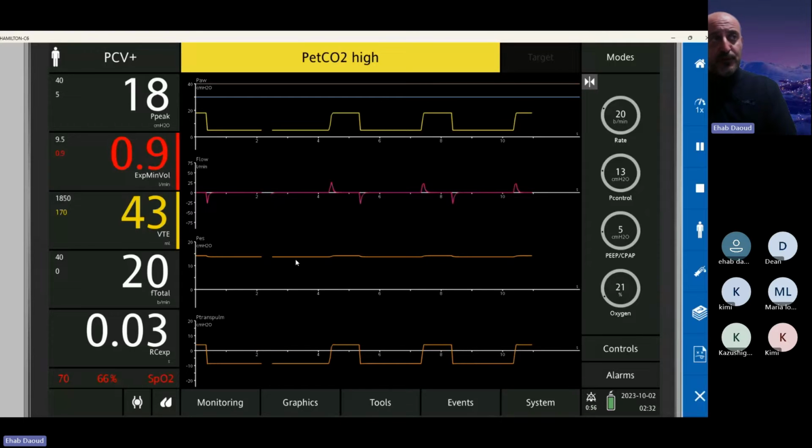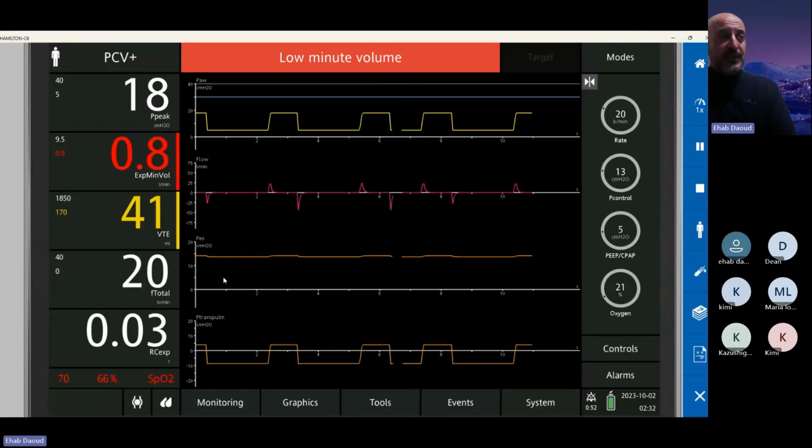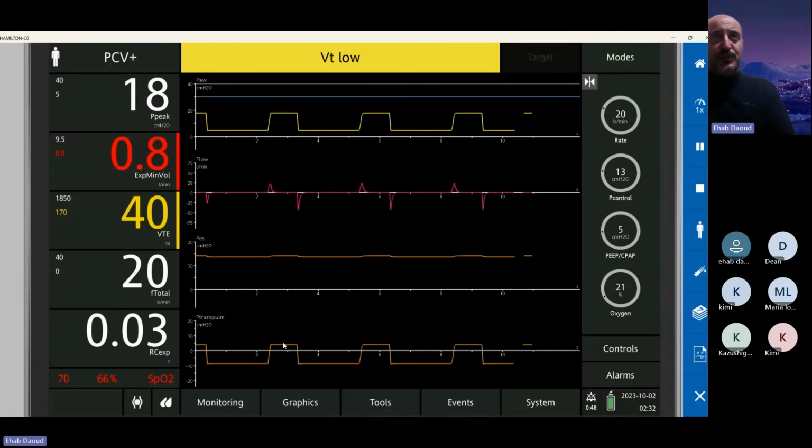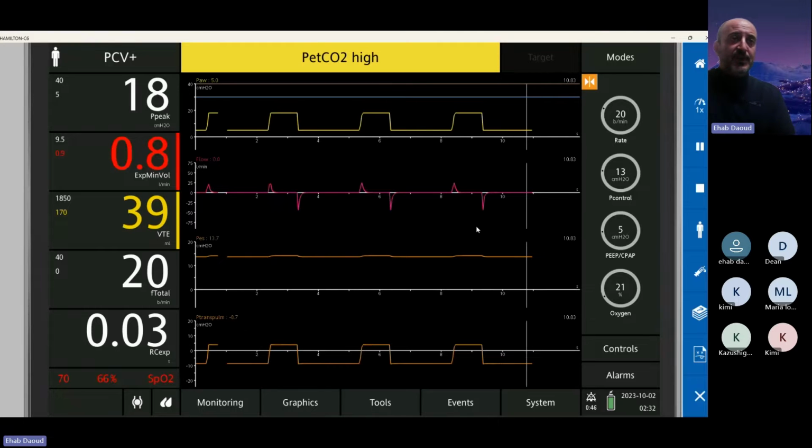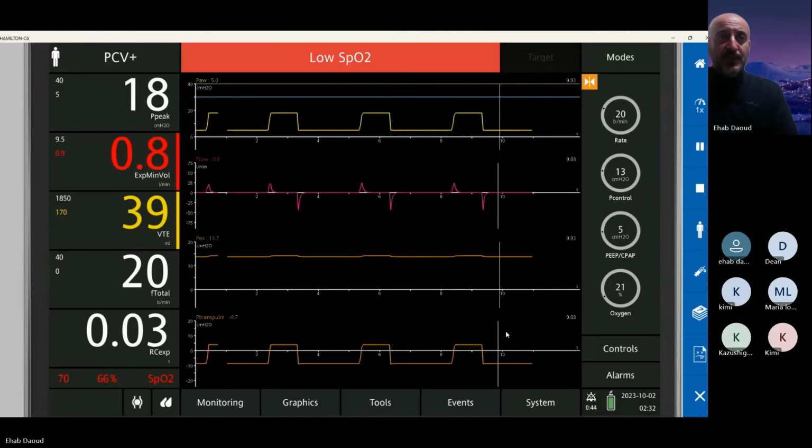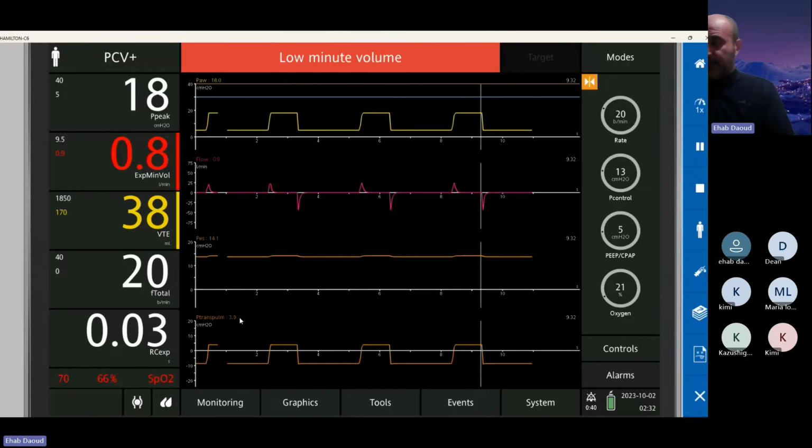Look at what happened to the pleural pressure. It went high, almost like 14. Now take a look at the inspiratory and the expiratory transpulmonary pressure. Now I'm going to put a pause here. The end inspiratory transpulmonary pressure is 3.9. And that's actually pretty good.